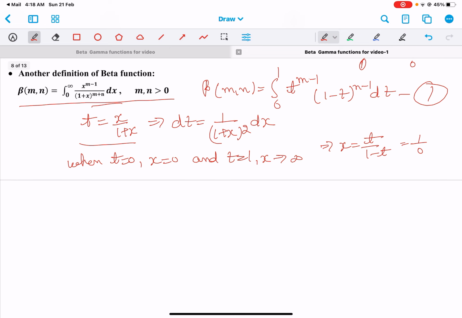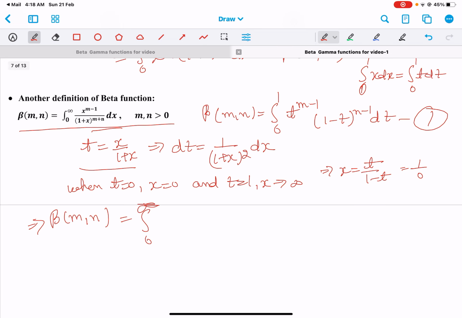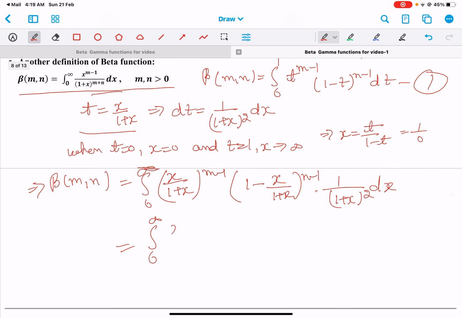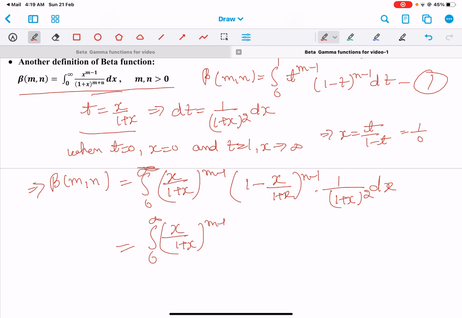So substituting these values in expression 1, this implies that beta mn is given by integral 0 to infinity x upon 1 plus x to the power m minus 1 into 1 minus, because t equal to x upon 1 plus x, into 1 upon 1 plus x whole square dx.